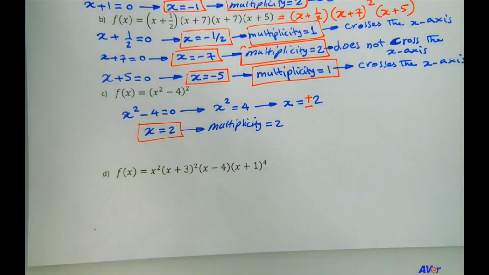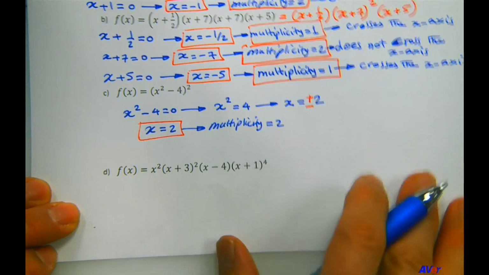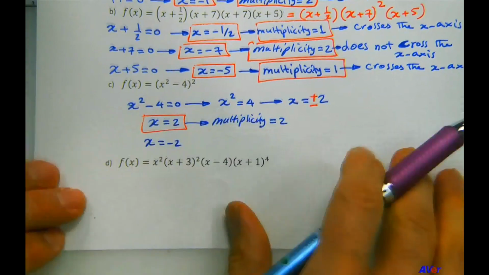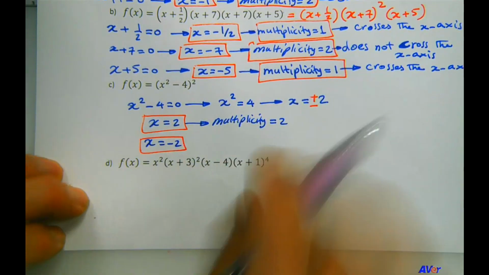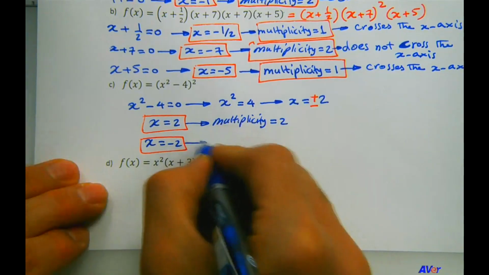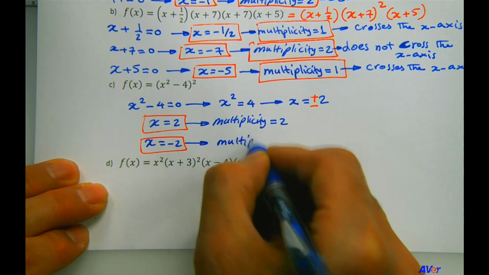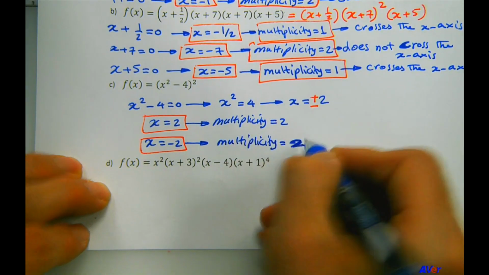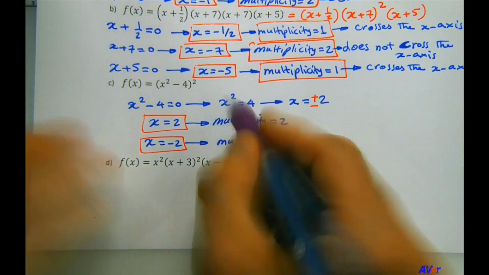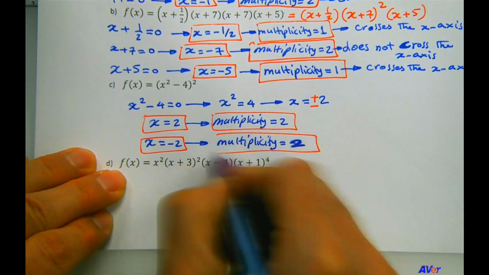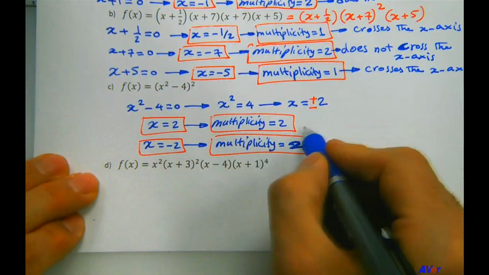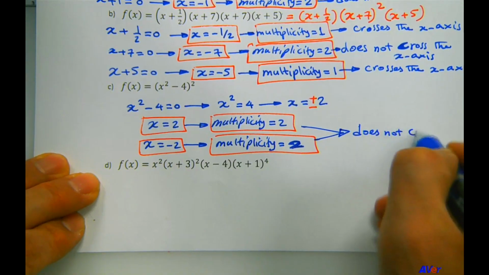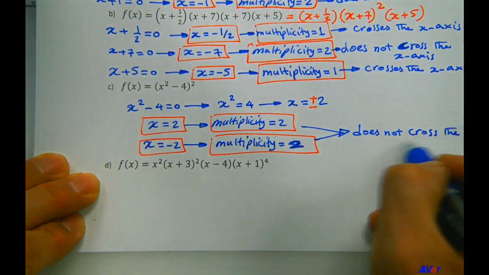And that's the same thing for the other one. x equals minus 2, multiplicity equal to 2. Okay. So for both of these, the graph does not cross the x-axis.